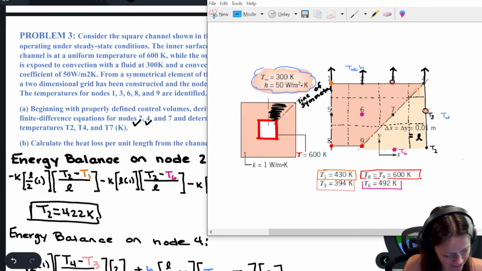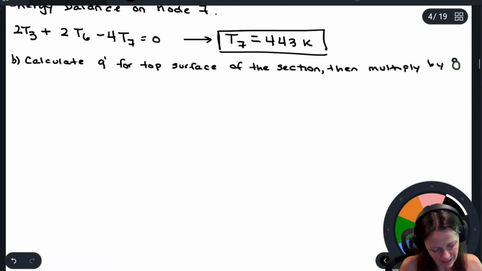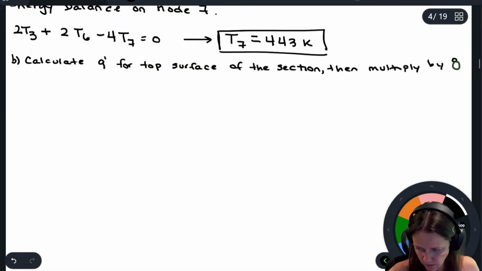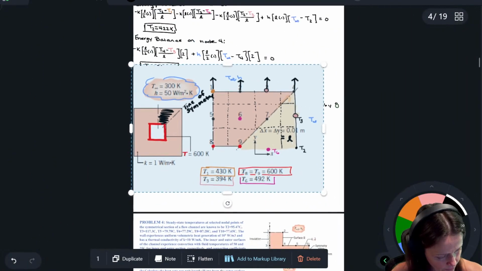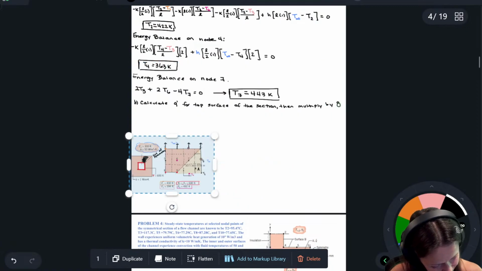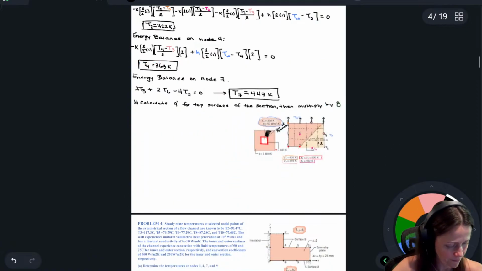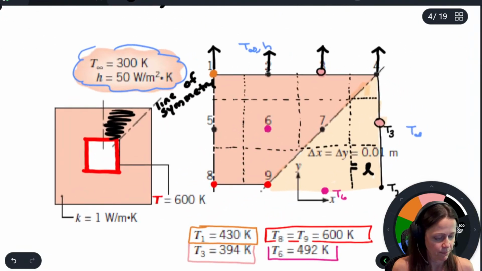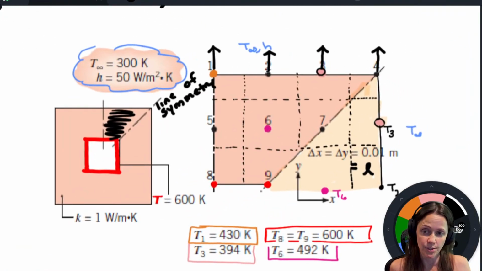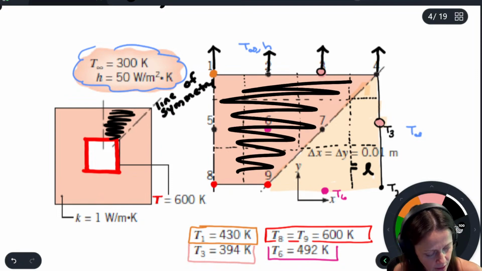Why are we multiplying by 8 again? Because you've got 8 of those sections. So that black squiggly, that's this guy.